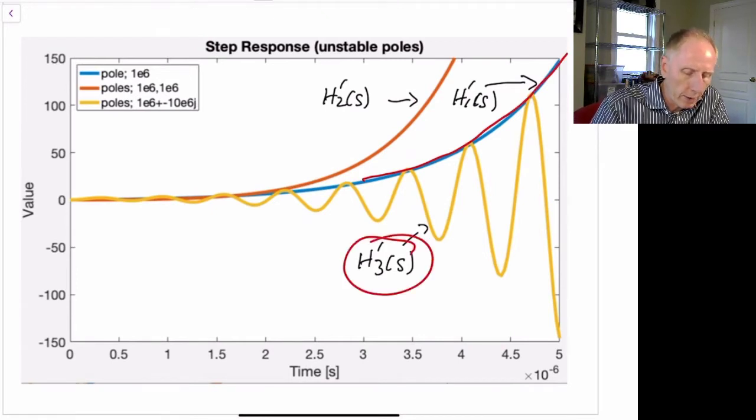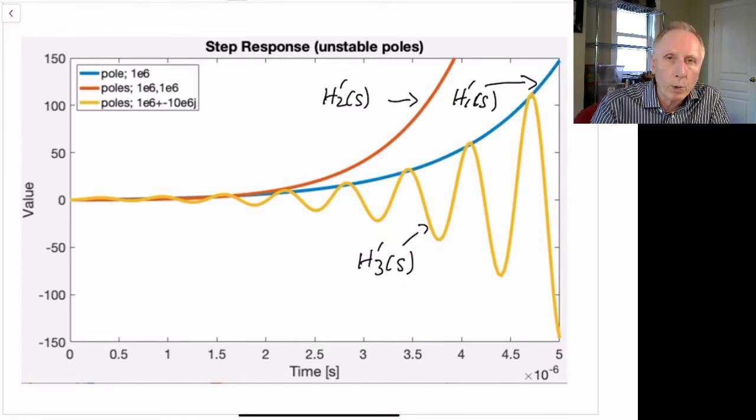So that's H3. So all three are now unstable because our poles are now in the right half plane. And so a step response into it causes it to grow without bounds. Now, same would be true of an impulse response or any other disturbance. So as long as the states do not start off all at 0, it grows without bounds, and we call that an unstable system.